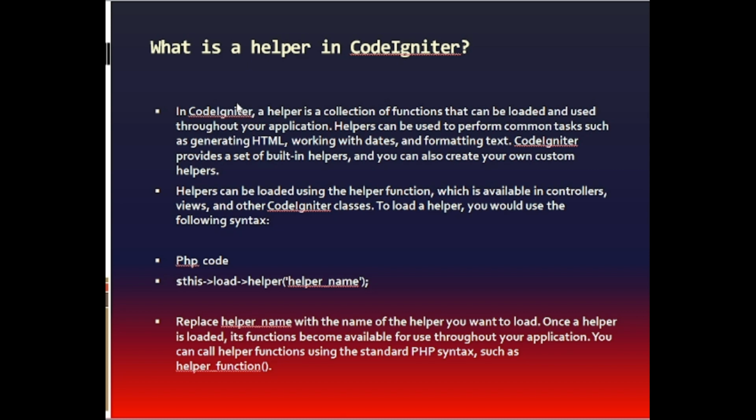CodeIgniter provides a set of built-in helpers, and you can also create your own custom helpers. Helpers can be loaded using the helper function, which is available in controllers, views and other CodeIgniter classes. To load a helper, you would use the following syntax. Here is the PHP code. Replace helper name with the name of the helper you want to load. Once a helper is loaded, its functions become available for use throughout your application.